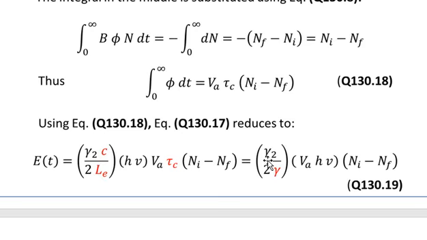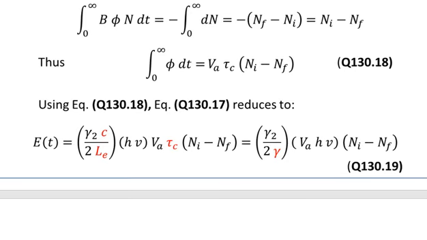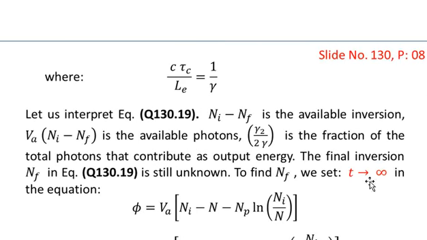So now we have gamma 2 over 2 gamma times Va into h nu times Ni minus Nf. So this is the energy of the pulse. Here we have used this expression for gamma, that is, c times tau c over Le is equal to 1 over gamma.